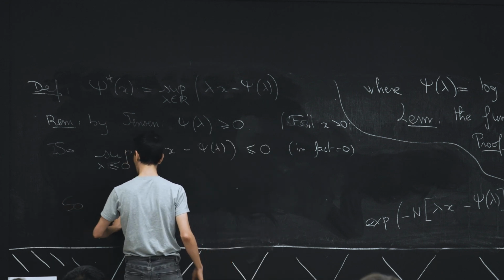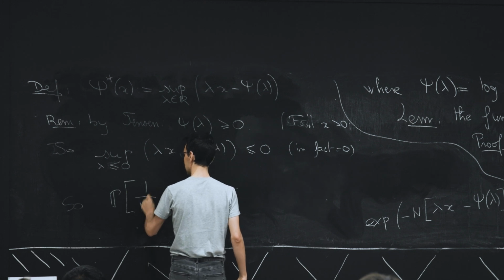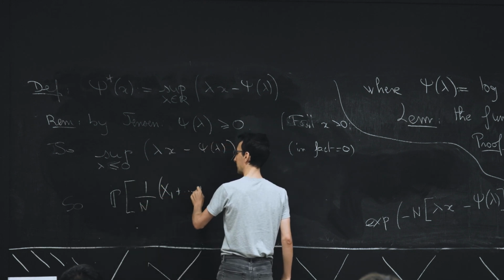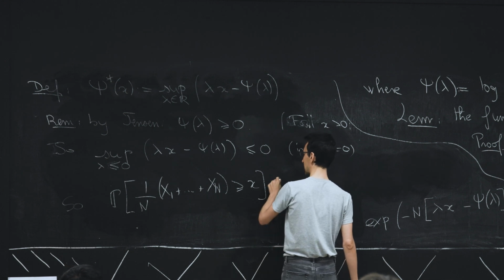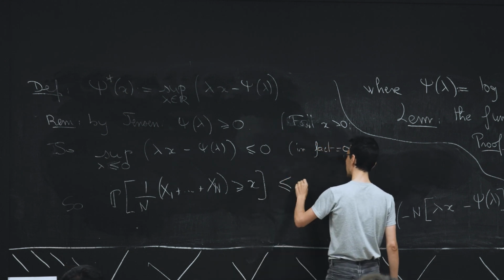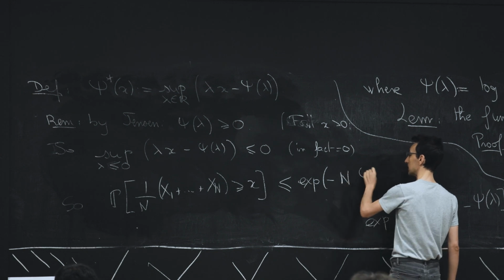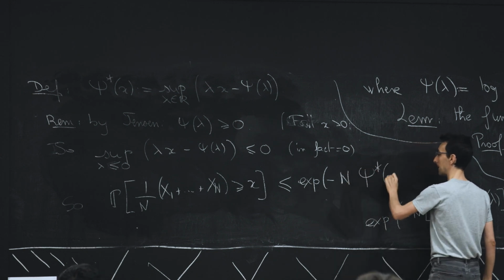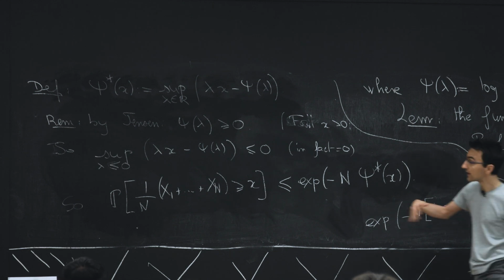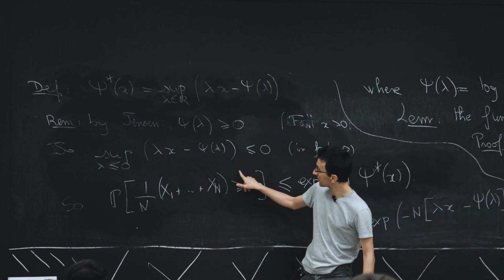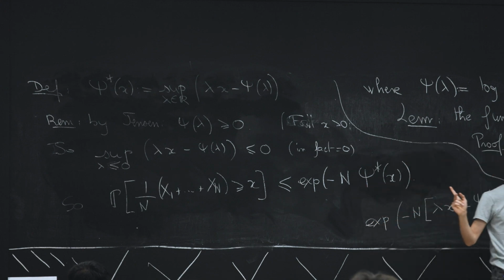So we conclude that the probability that 1 over n, the sum of these variables, being larger than x is always smaller than exponential of minus n times psi star of x. Okay, and we did this derivation for x positive, but if x is negative and I inquire about the probability that this is smaller than or equal to x, then the same inequality will be valid.